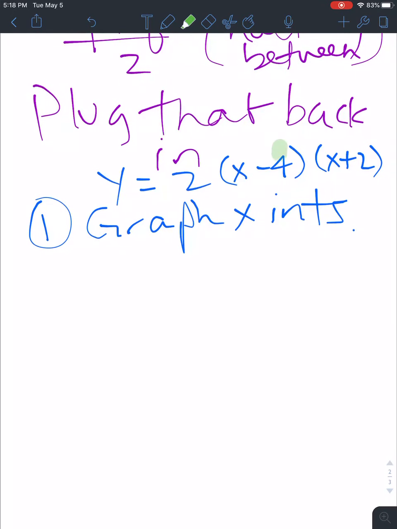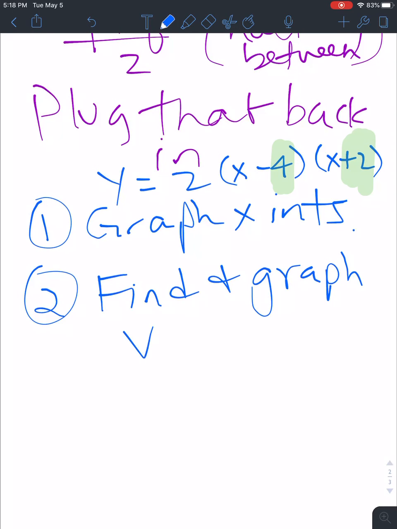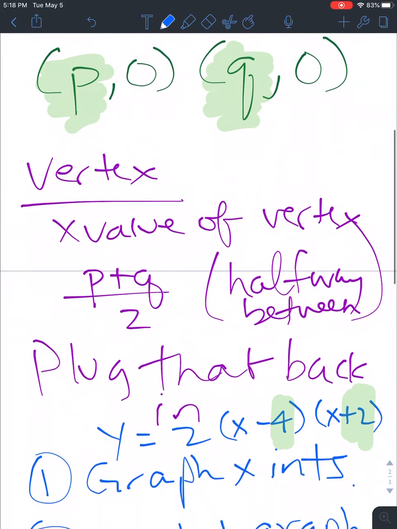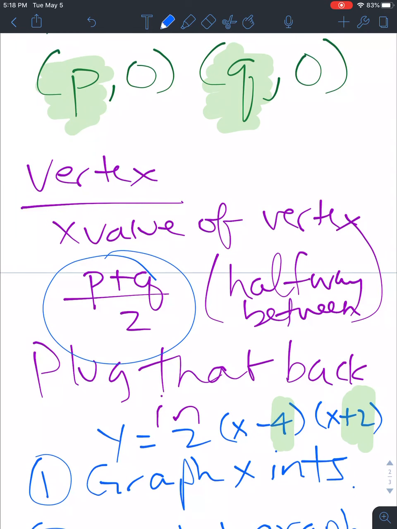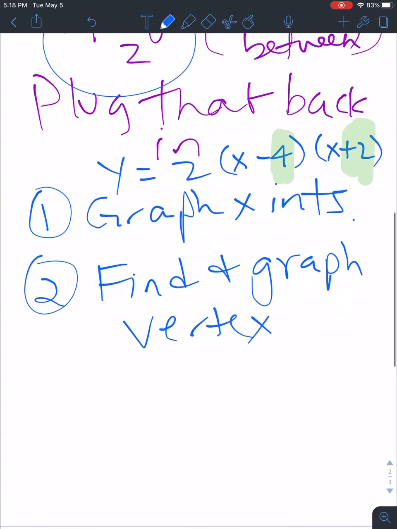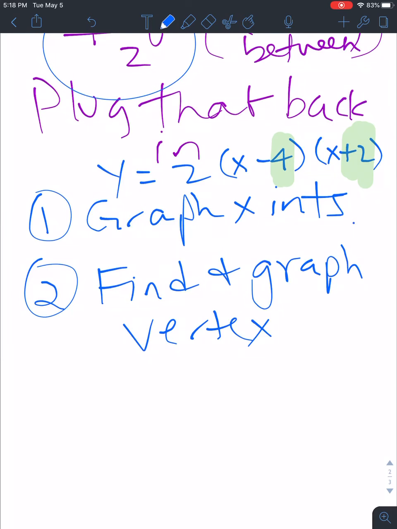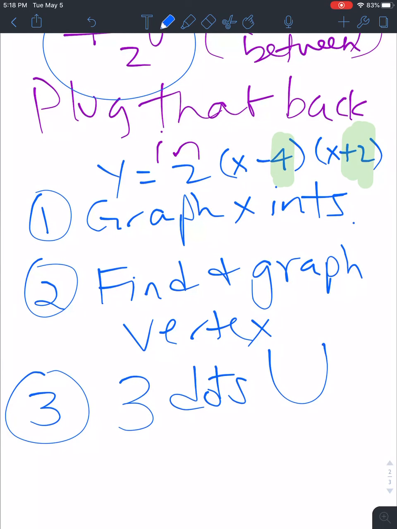Our first step would be to graph our x-intercepts of positive 4 and negative 2. All right, those are our x-intercepts because we have to flip the sign. All right, so first step, graph the x-intercepts. Second step, find and graph the vertex. Remember that vertex is p plus q over 2, and then plug that back into your function to find out what that gives out as your y value. Okay? Third step, connect the 3 dots with a U.